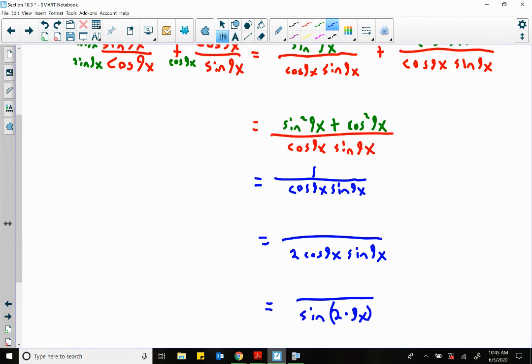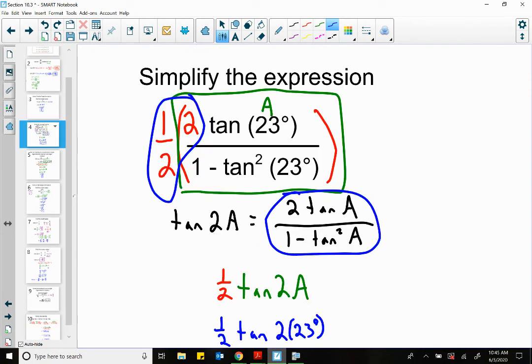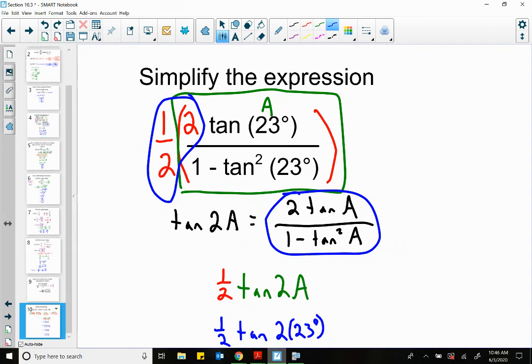Well, remember we did this earlier back on problem number 4 right here. Remember how we forced that 2 in the top to make it happen? And then we just multiplied it by 1/2. So this is like multiplying by 1. That's exactly what's going on here.